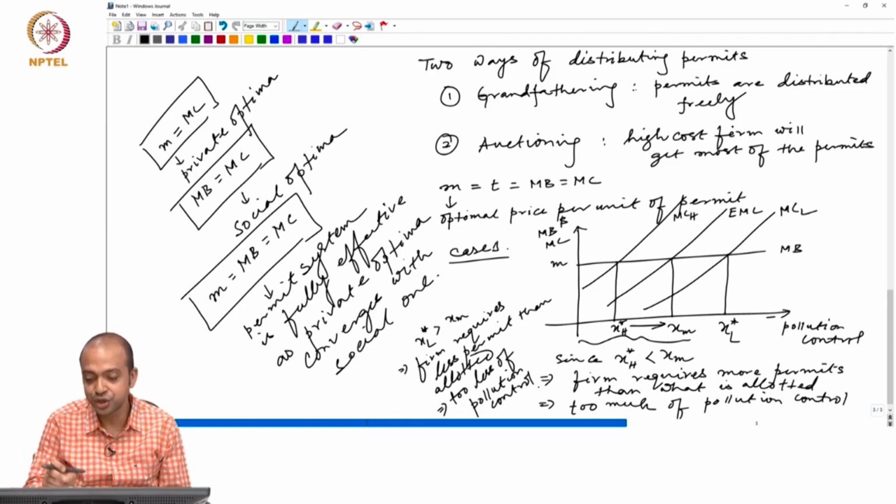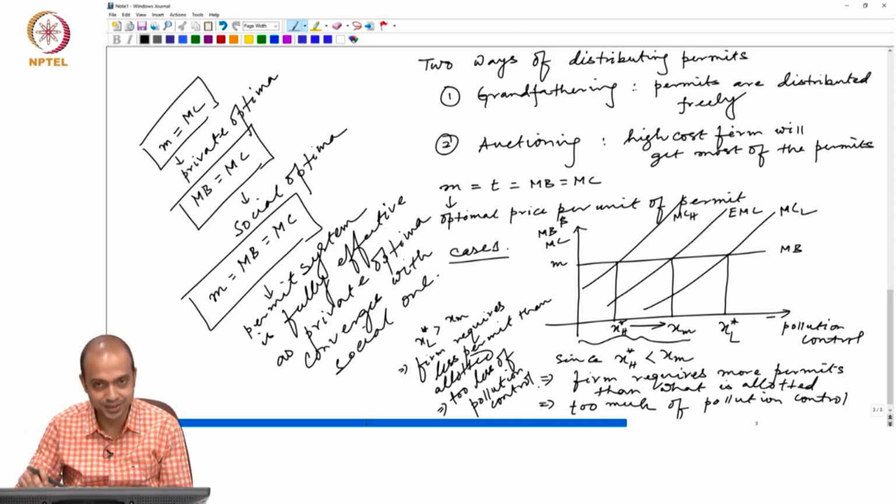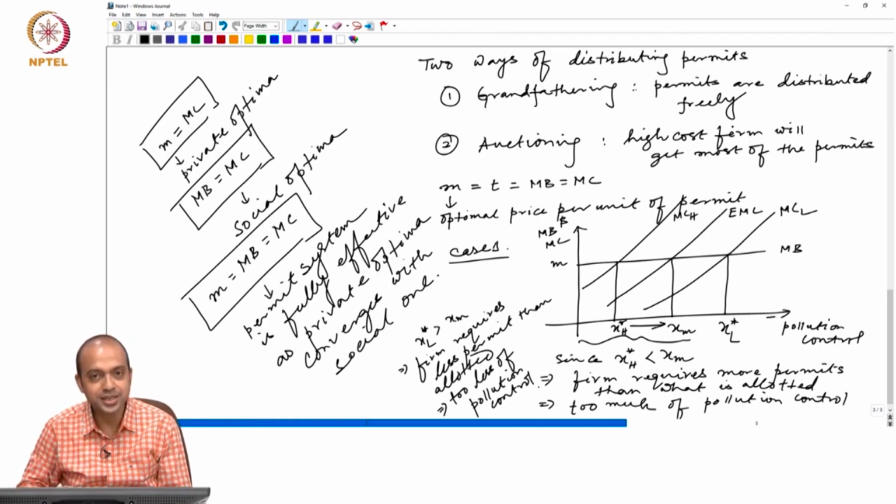As a result, when the MC is actually higher than EMC, what is happening? Too much pollution control. I need more permits, but there is no supply. What do I have to do? I have to abate more, even though optimality says I should stop only at XH star. Similarly, when my marginal cost of abatement is lower than what I expect, I can abate up to XL star and require very few permits, but the amount of permits is fixed at XM, already given.